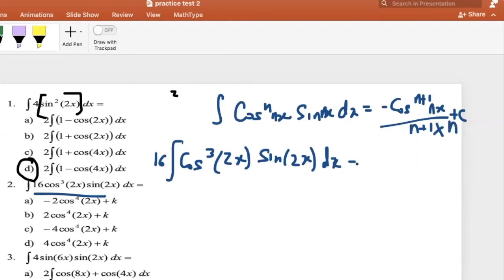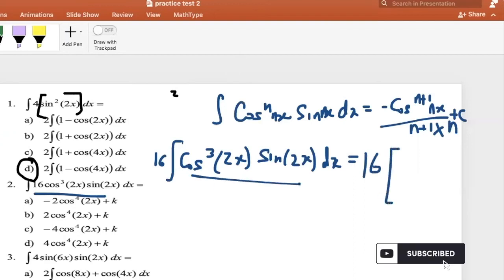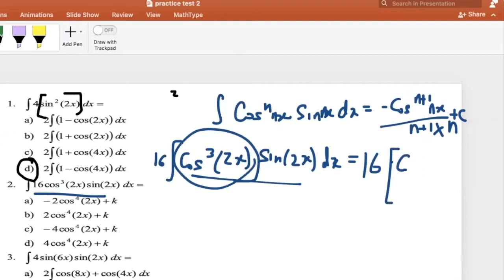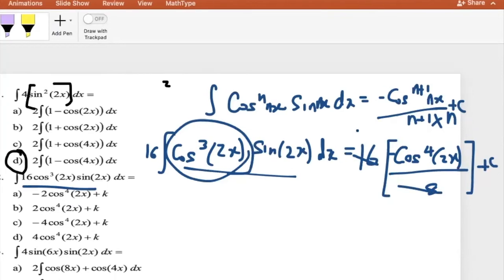So I have 16, and then integrating this by recognition, we add 1 to the power, so that becomes minus cos to the 4 of 2x, and then multiply 4 times 2, that's 8, plus c. 16 divided by 8 is 2. So I'll have minus 2 cos raised to the 4 of 2x. So my answer is A.